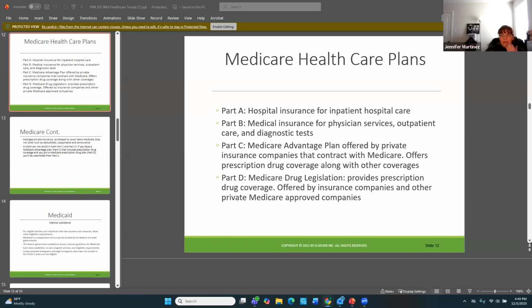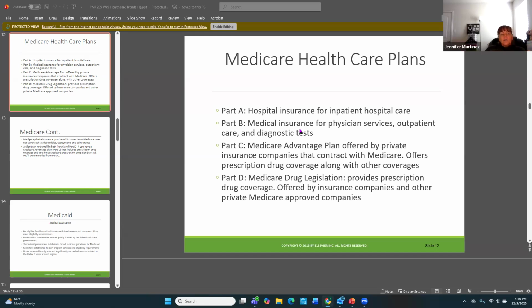Part B would also cover your ER visits, mental health services, labs, x-rays, CT scans, MRIs, all that good stuff. Ambulance transportation would be covered under Part B. Durable medical equipment would be covered under Part B.